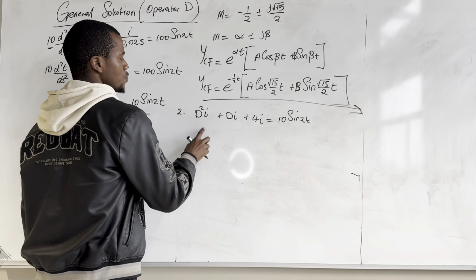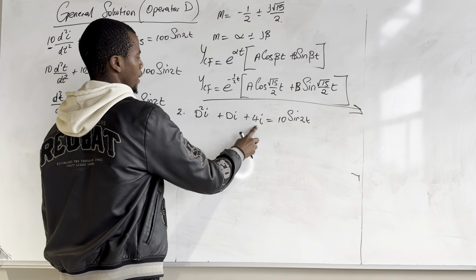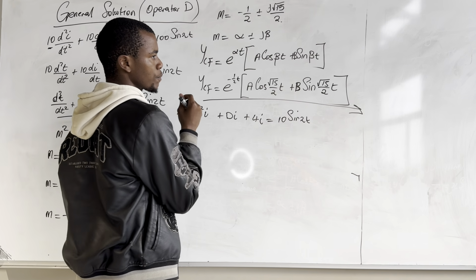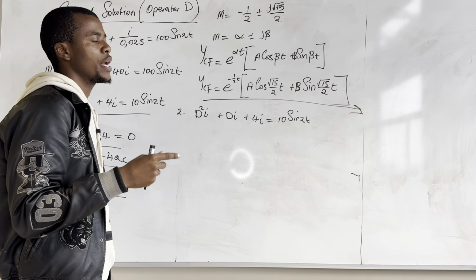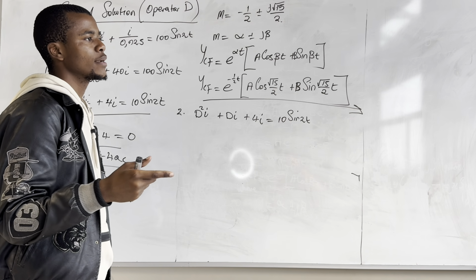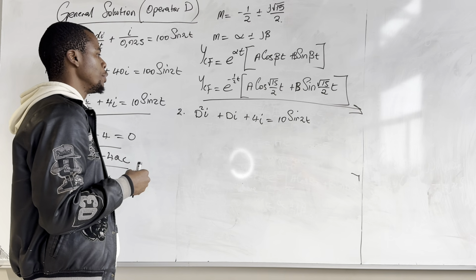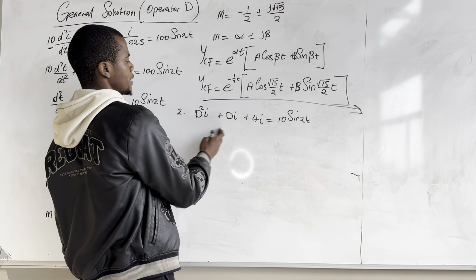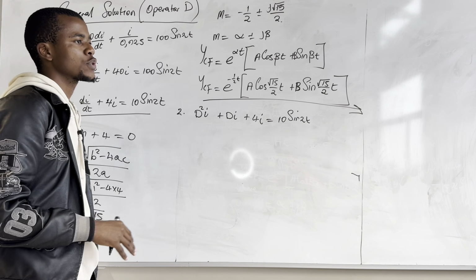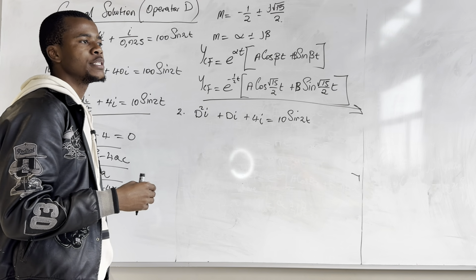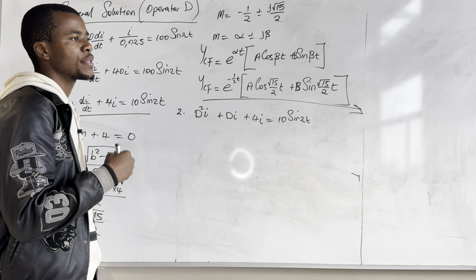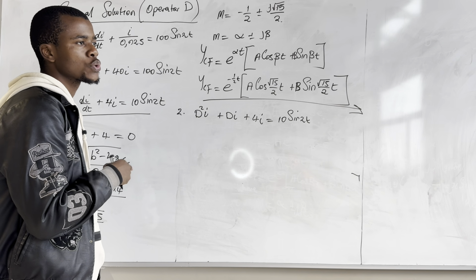So what do we need to do here? Because our complementary function, our particular integral must be the current. So we need to take this current aside as a common factor, so that we will find the current, or make the current the subject of the formula.